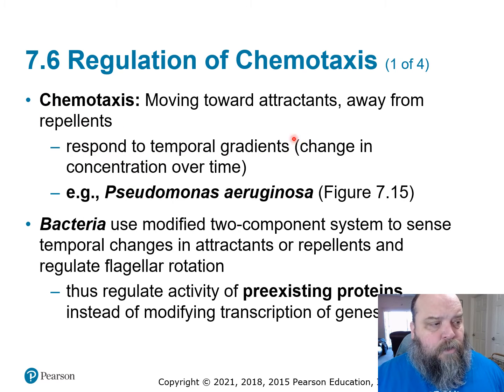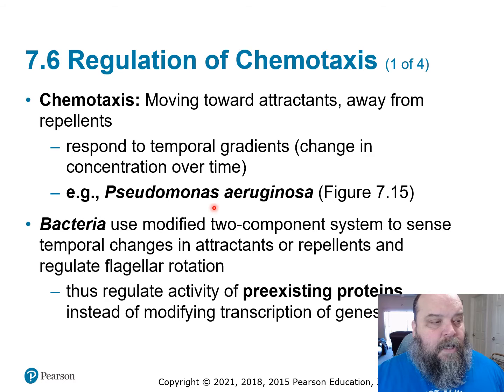And it's all due to gradients that are constantly changing. As things diffuse through the liquid, diffuse through the air, these gradients are going to be changing. More of something in this area versus that area, which will change over time.